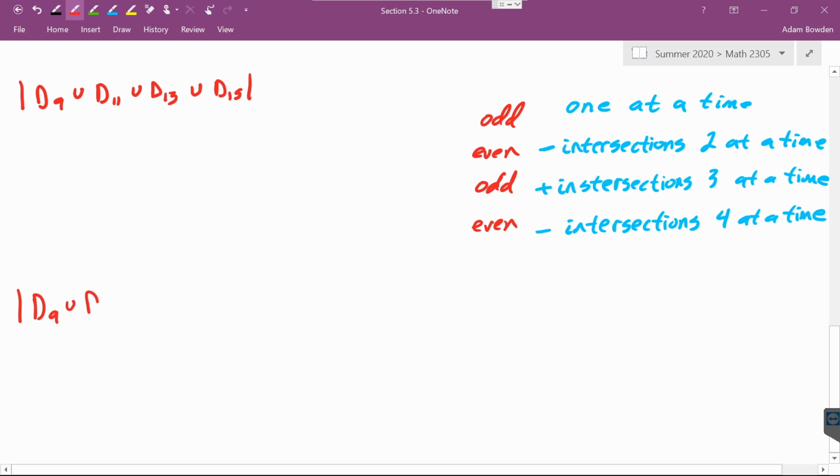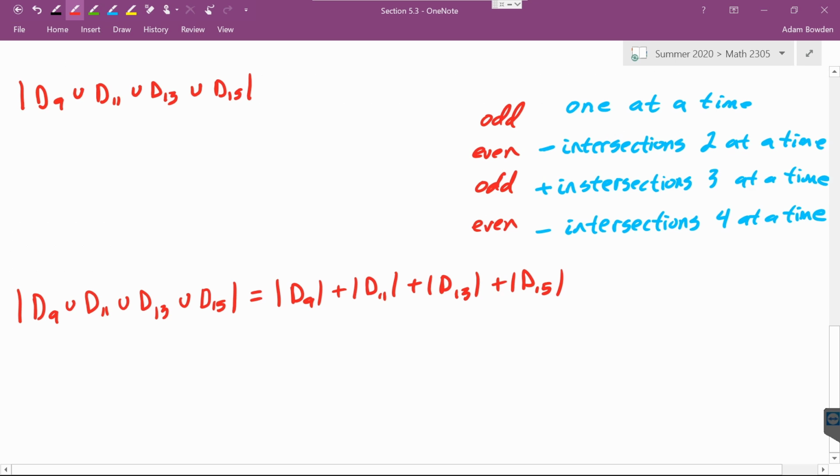Okay, so it's going to be kind of long, so I'll try to make it look as clear as possible here. First off, we'll do them one at a time. So we're going to do D9 plus D11 plus D13 plus elements in D15. Okay. Now we're going to subtract the intersections here, 2 at a time.